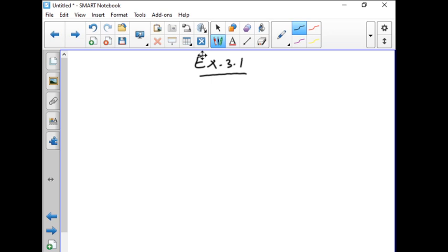When the sum of two angles is 90 degrees. Example, 40 plus 50 is 90. So 40 and 50 are called complementary angles. So what are supplementary? When the sum of two angles is 180, they are called supplementary angles. Okay. So 110 plus 70 is 180.